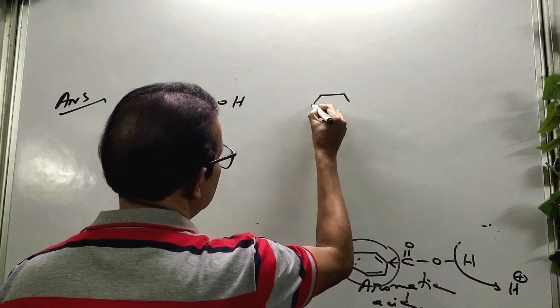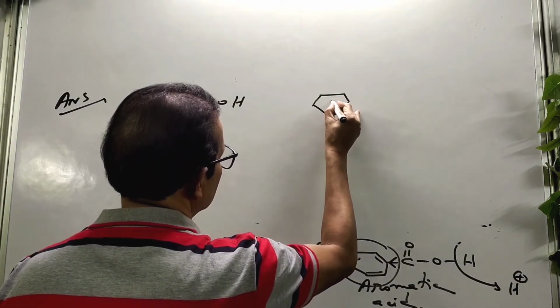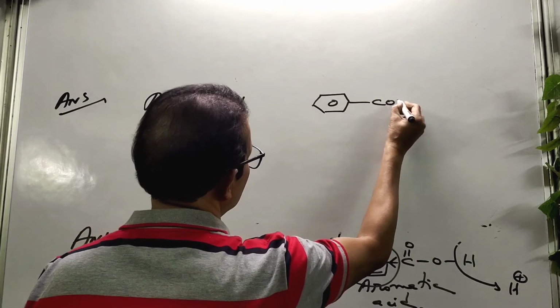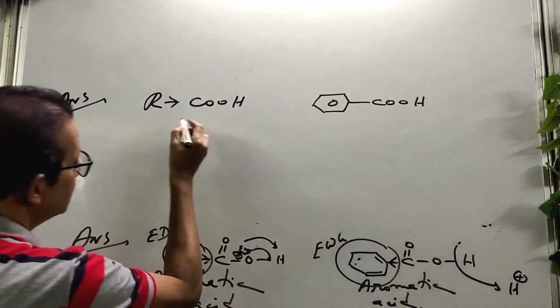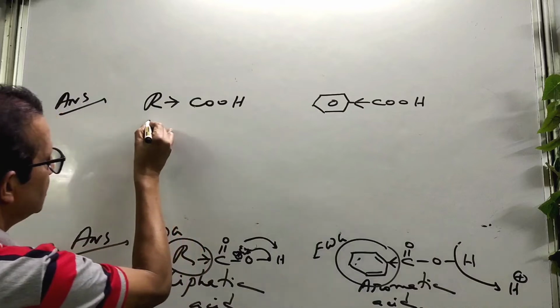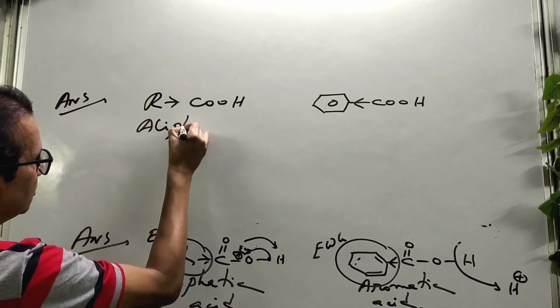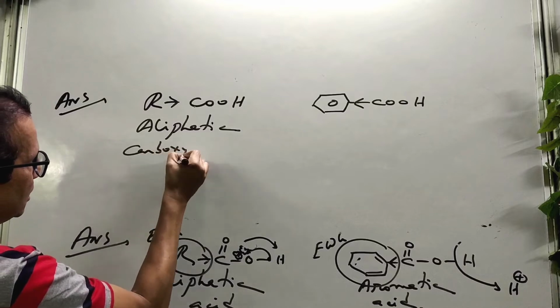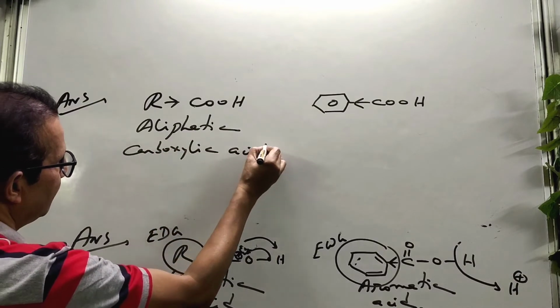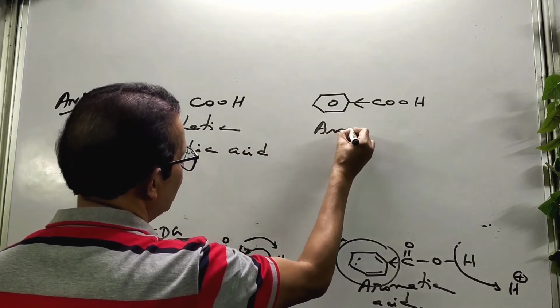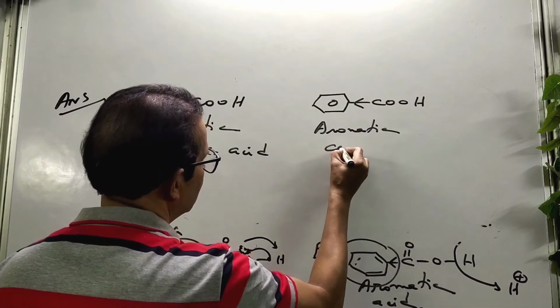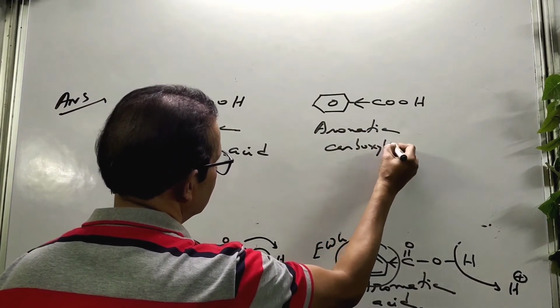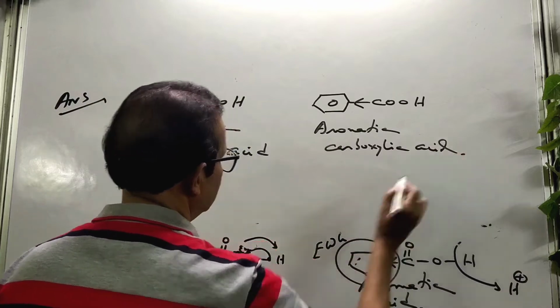This is benzene ring COOH, withdrawing. This is aliphatic carboxylic acid, and it is aromatic carboxylic acid.